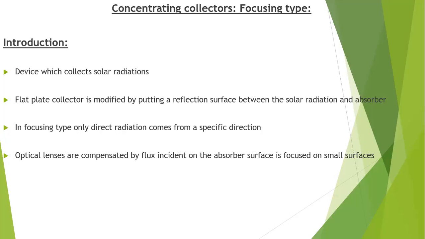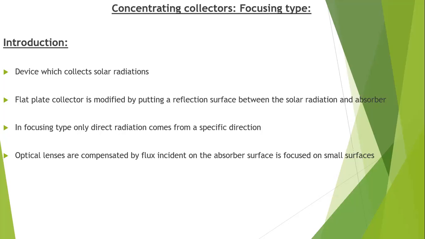Since diffuse radiation arrives from all directions, only a very small proportion is from the direction for which focusing occurs. Direct radiation coming from any direction can be collected by this focusing type by orienting the reflector or receiver towards the direct radiation.